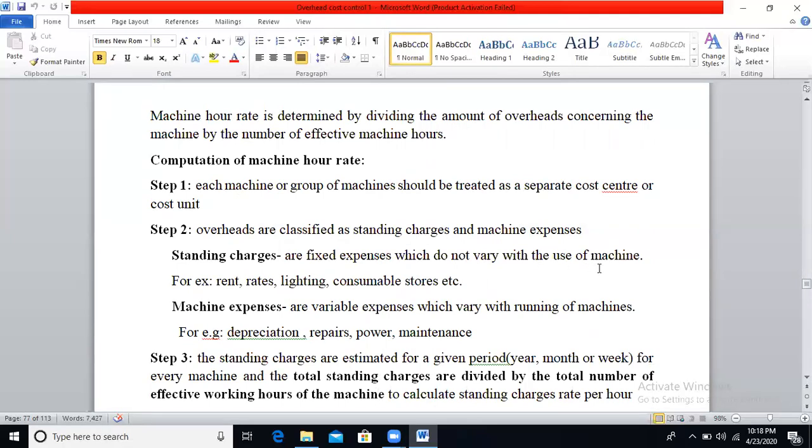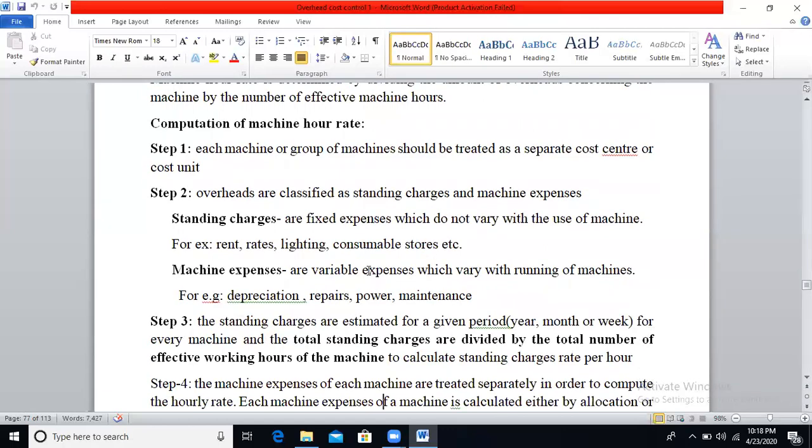Whether you use the machine or not, standing charges will not change. For example, rent, rates, lighting, consumable stores. These are the expenses which should be incurred whether you operate the machine or not, and these expenses will not change if you use the machine.